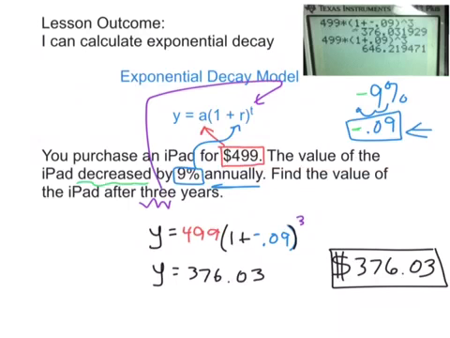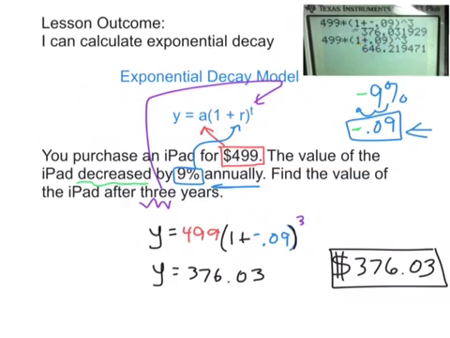I just want to remind you that if you're ever looking at your work and you get to a final answer, you should ask yourself if that answer makes logical sense. Because had you forgotten that this needs to be negative because the value is decreasing, you would have forgot this negative sign and put in a positive 0.09 right here. If you had put a positive 0.09 in like this, you would get $646.22.